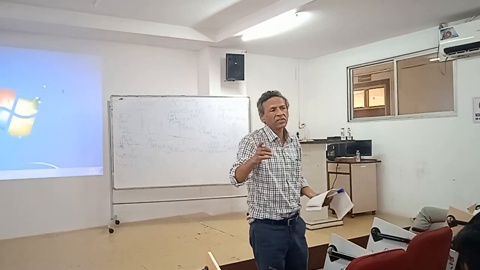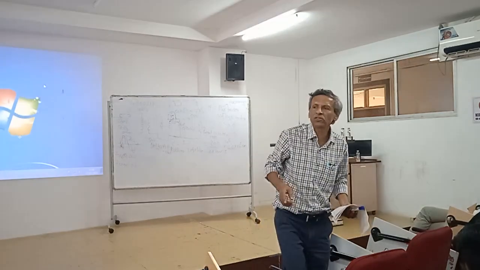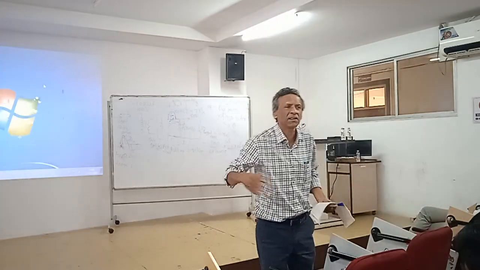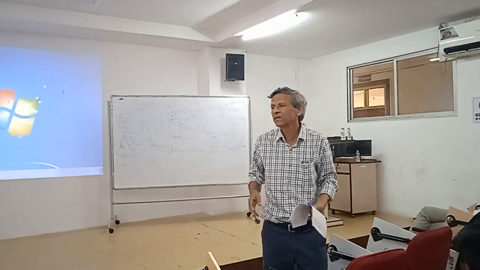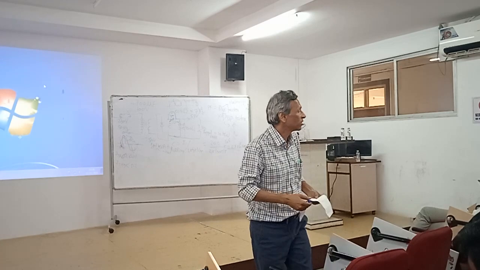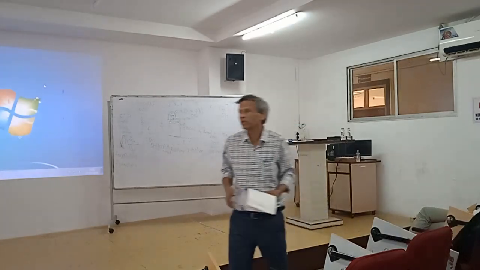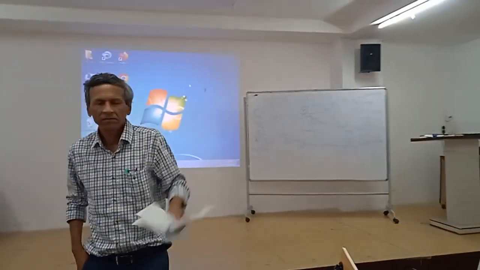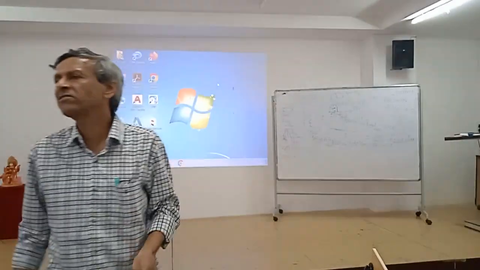Another very simple question I will ask. Why have I not spoken of second harmonic, fourth harmonic? Usually we speak of first harmonic, third harmonic, fifth harmonic. Why do we never say there is a second harmonic, a fourth harmonic, a sixth harmonic? Why? There is something called odd symmetry.